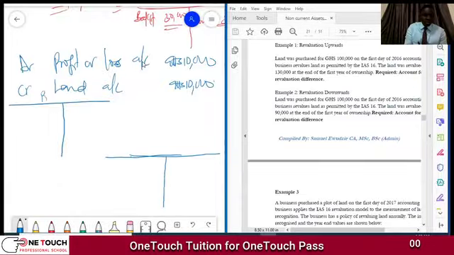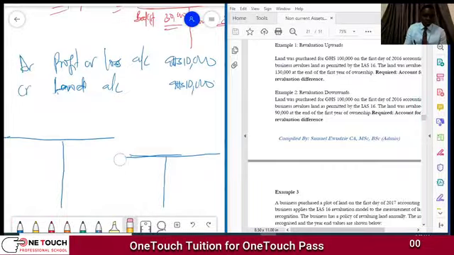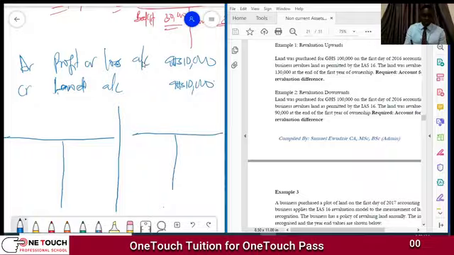So let me say this is profit or loss, and this is the land account.